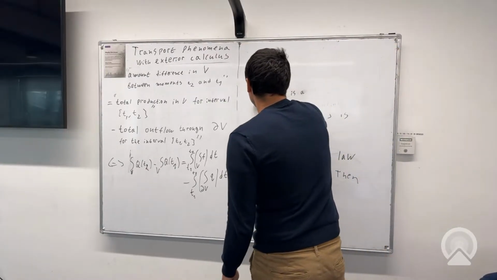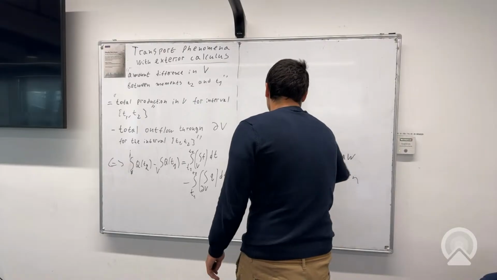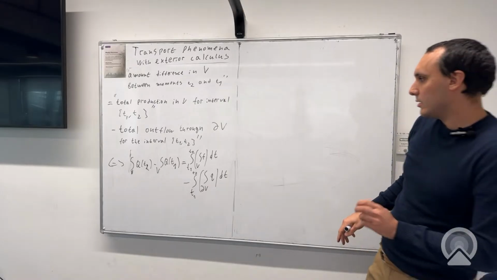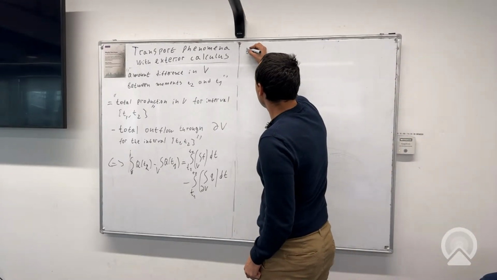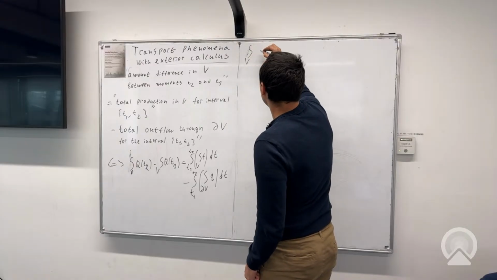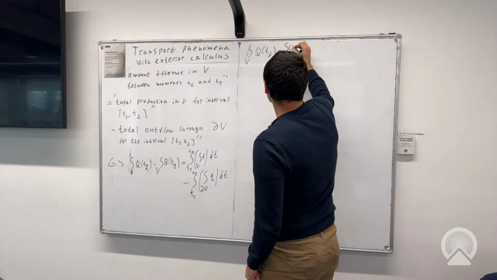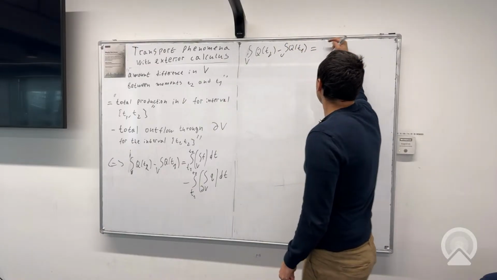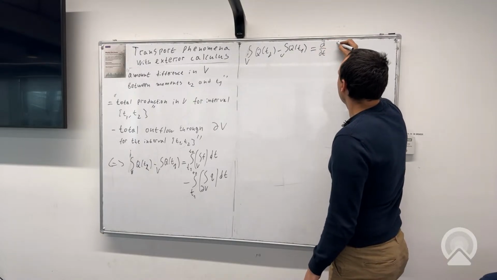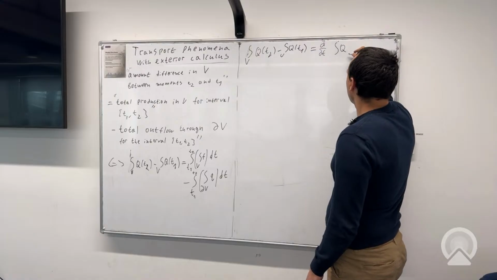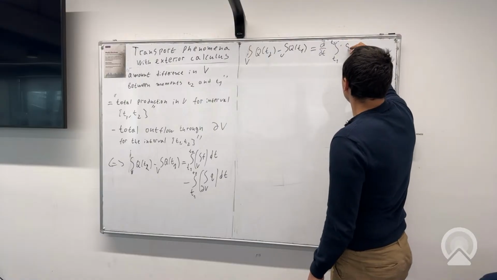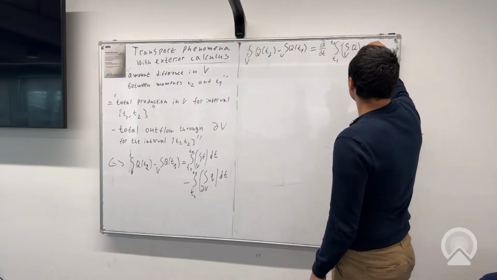So this is what's actually measured, but with the help of Stokes' theorem, we can write this in a differential form. So the integral over V of Q at T1 minus the integral over V of Q at T0 is the same as the integral of d/dt of Q. Sorry, of this thing here.